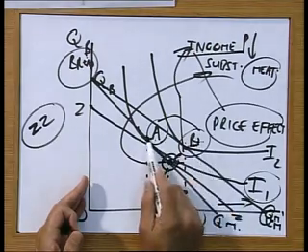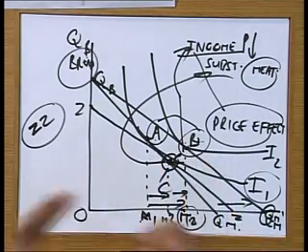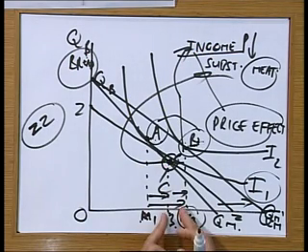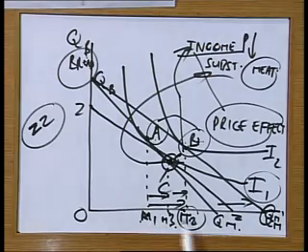So indifference curve analysis allows us to graphically illustrate the whole price effect from A to B, and to split it and separate it into a substitution effect at the beginning, and then an income effect. And these two effects reinforce each other, right? So in the case of a normal good, as the price decreases, the quantity demanded of that normal good will increase, and that is from M1 to M2.